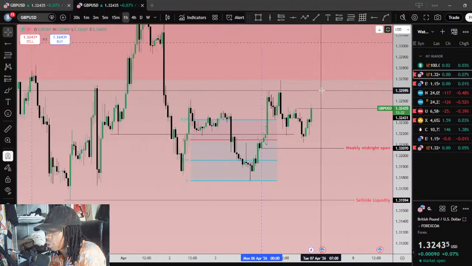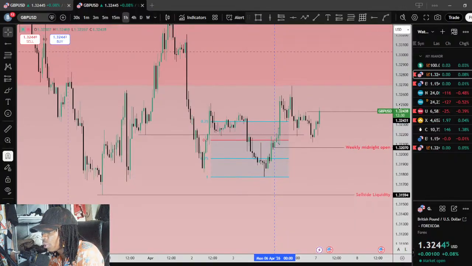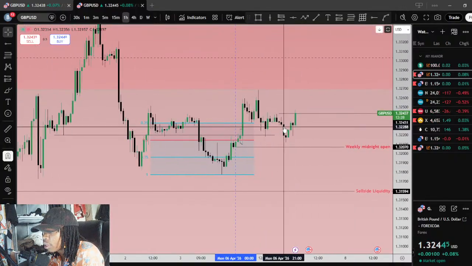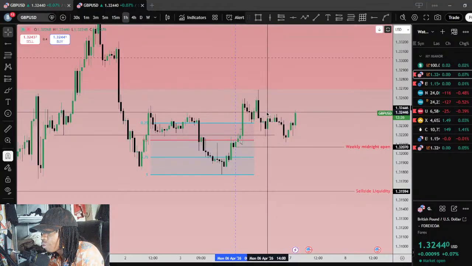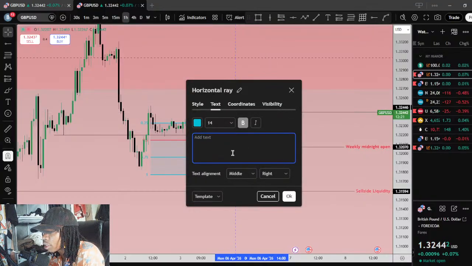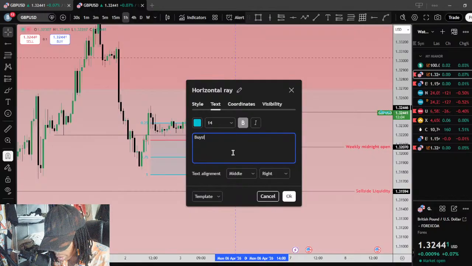So today we are looking at Pound and Euro USD. As I woke up, the first thing that captured my eye was this buy side liquidity.